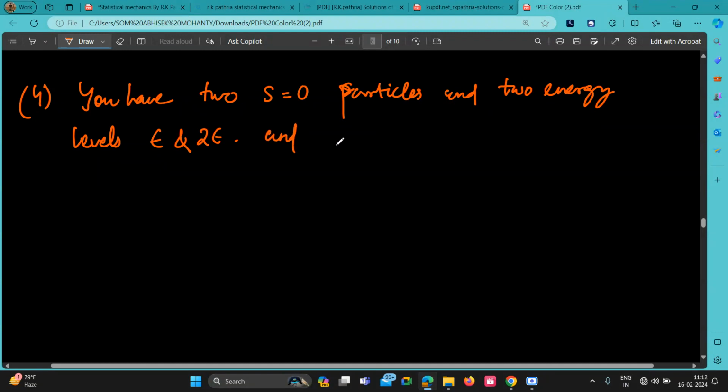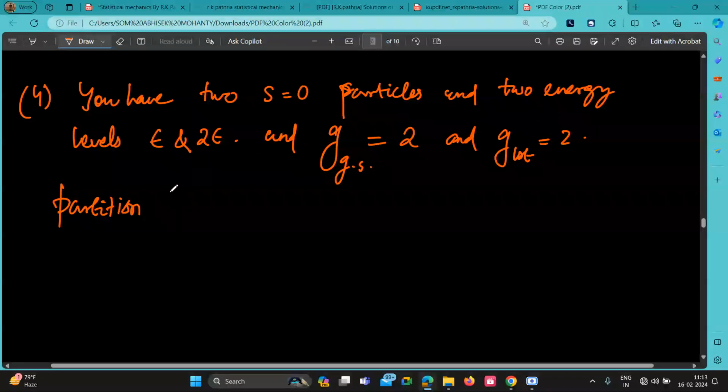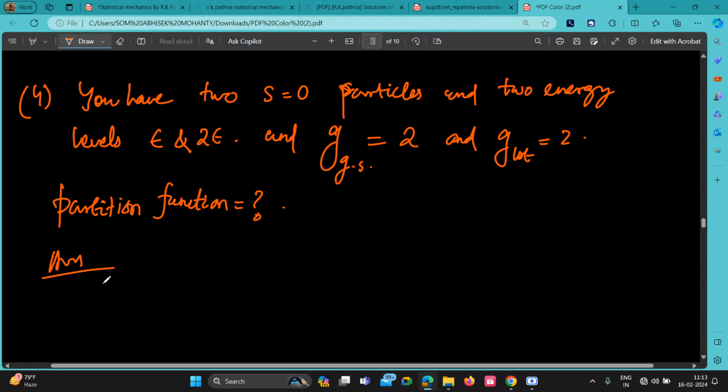Degeneracy of ground state is 2 and degeneracy of first excited state is 2. So you have to find the partition function. Try this question. We have done enough now for you to be able to solve these types of questions.